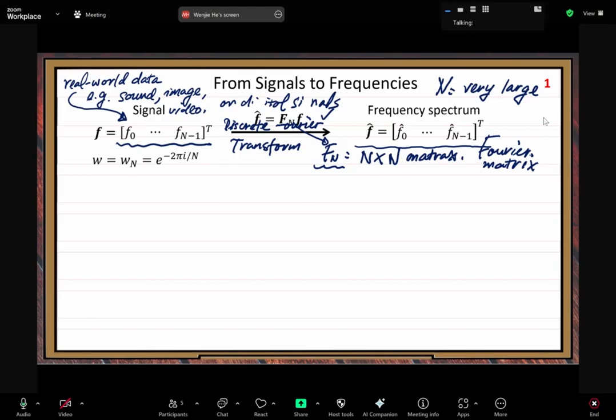In order to apply the Fourier matrix operation, the basic notation we use in the Fourier matrix is this Wn, which is e to the negative 2 pi i over n. It's a complex number, so here we need to do the calculation in complex numbers.